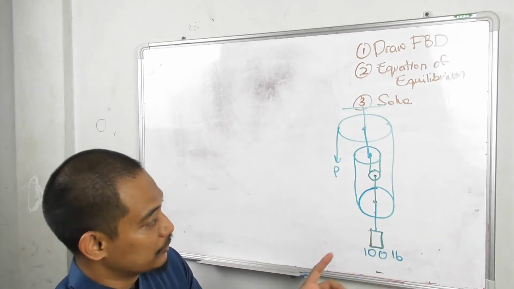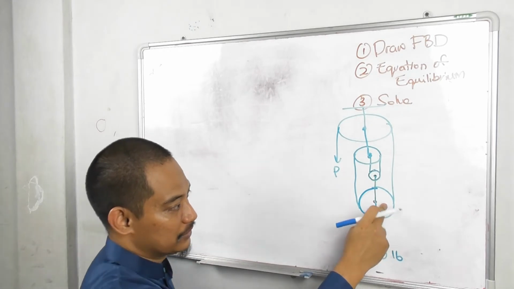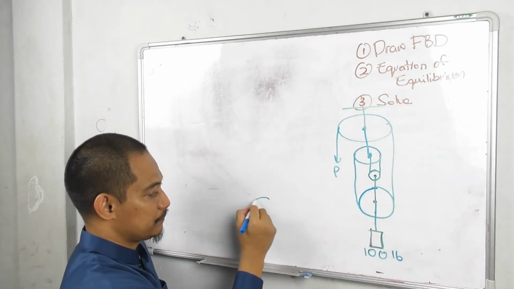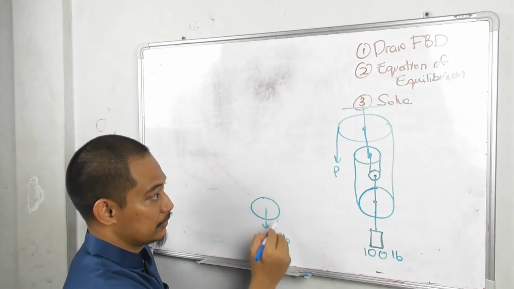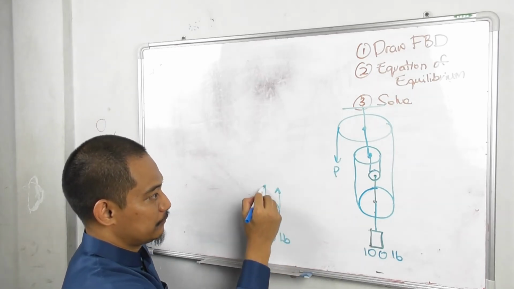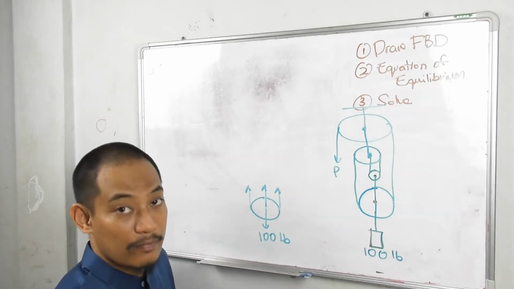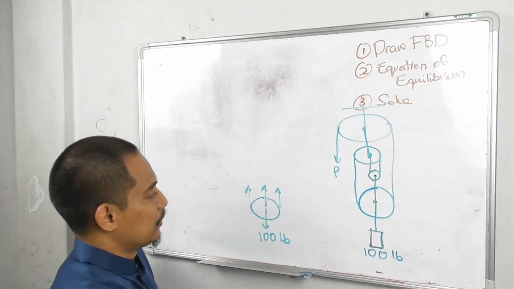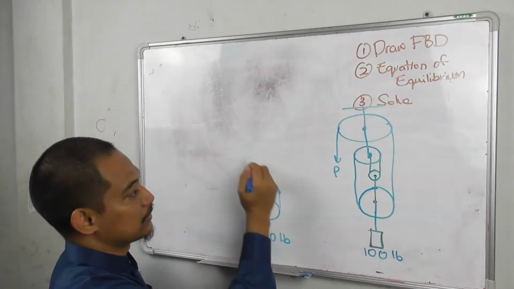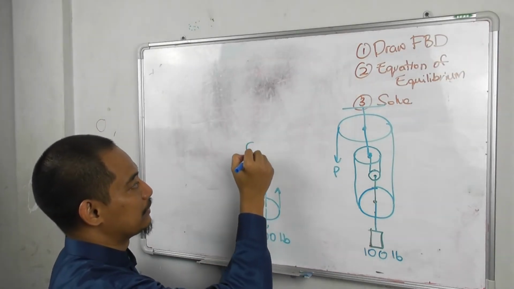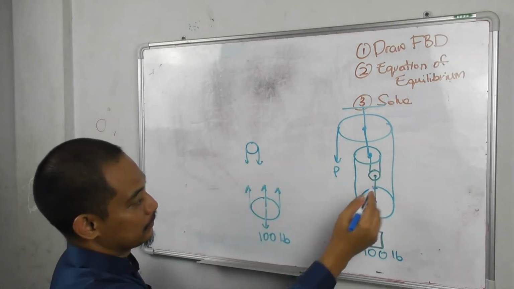Because if you draw, let's draw the free body diagram of this pulley here, right? We have 100 pounds here, we have a force here, and a force here, right? However, it may be a bit more challenging because we have several different forces involved.